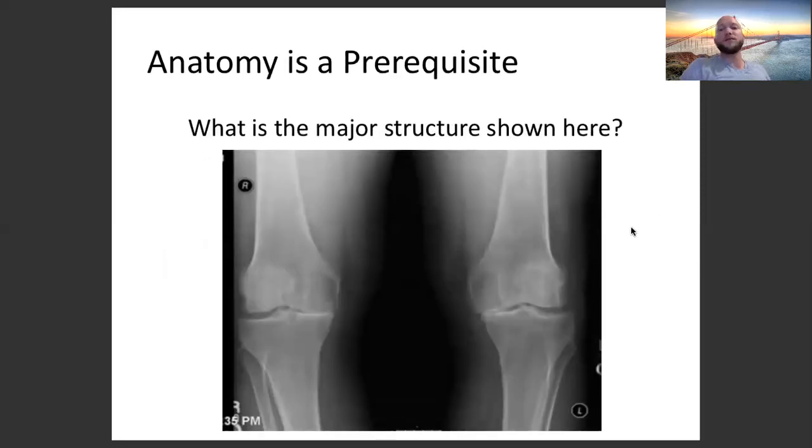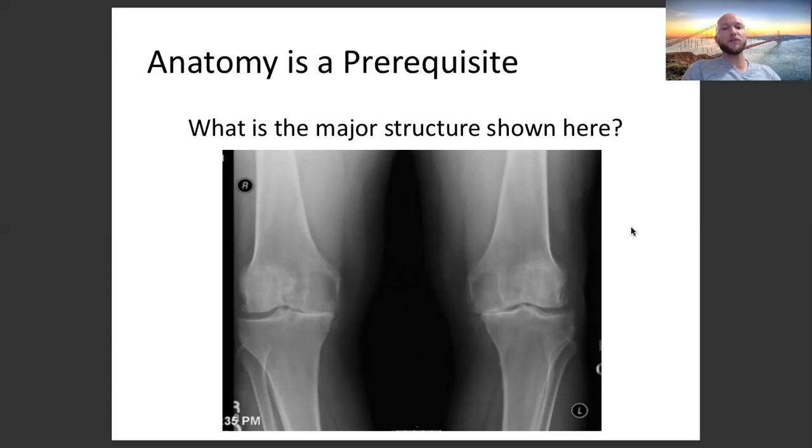What is shown in this photo right here? Let's think about it for a moment. It's an X-ray. What anatomical structure is shown on this X-ray, on this radiograph? It's a pair of knees.